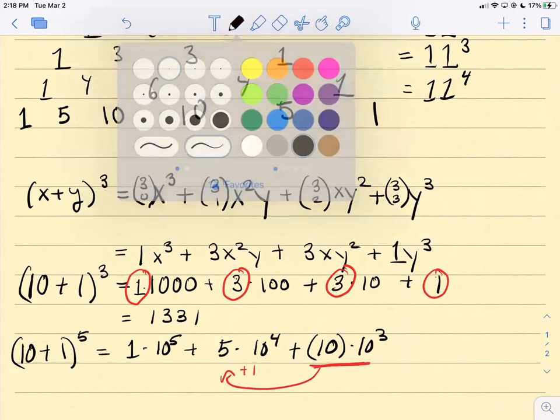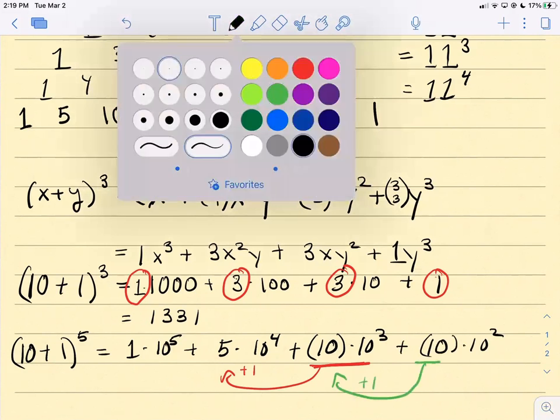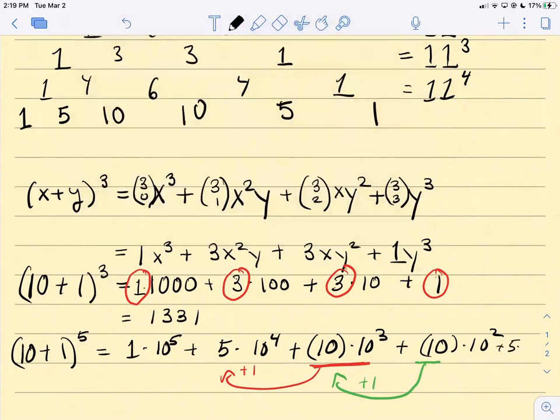And then plus 10 times 10 squared, this would also carry over 1 spot. This would carry as a 1 over to the next one. So this would be plus 1. And then we have plus 5 times 10 plus 1.